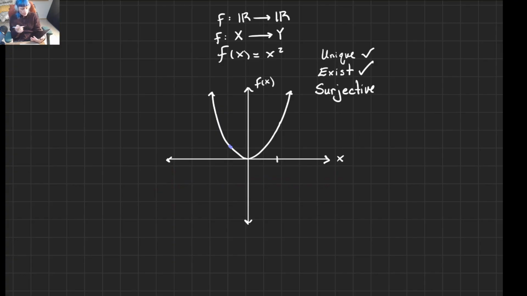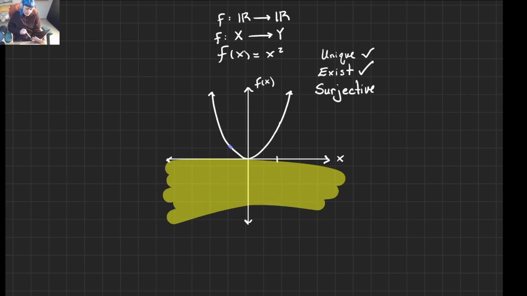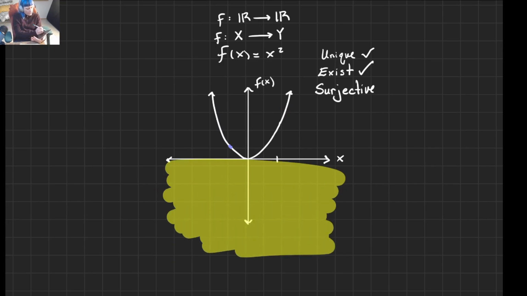And looking at this, you might say, no, just like with existence, it looks like for every y value here, I'm going to have an x value that corresponds to it. But actually, that's not true, because the range is also all of these values down here. Because we said that the range is equal to all reals.